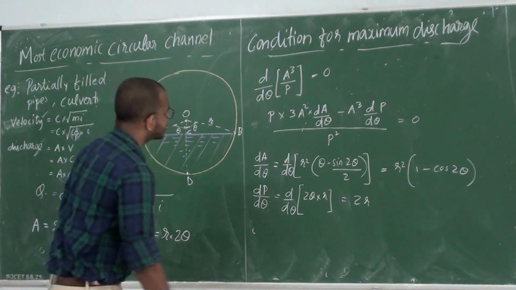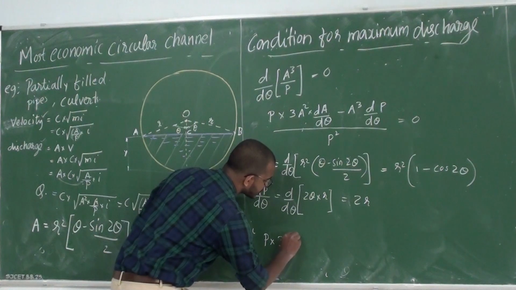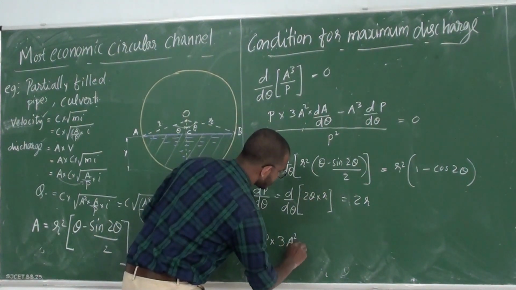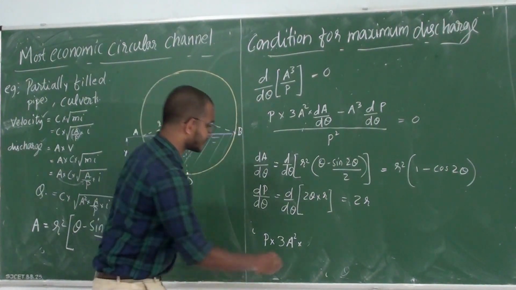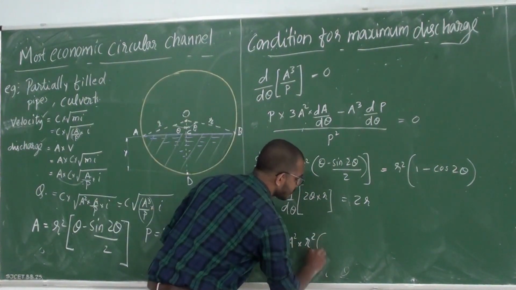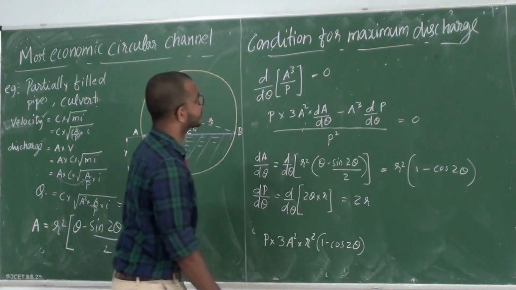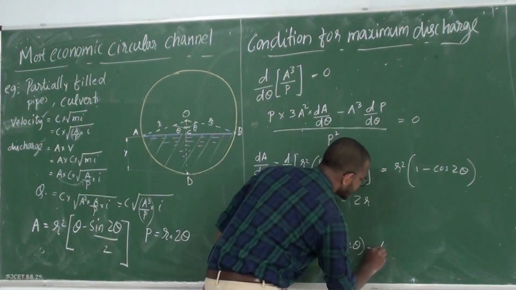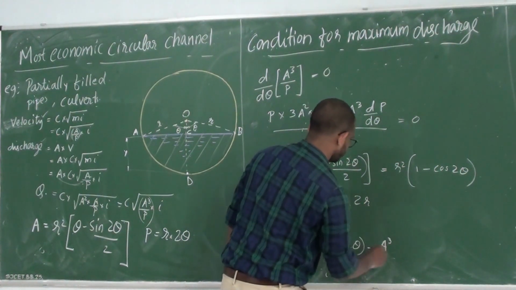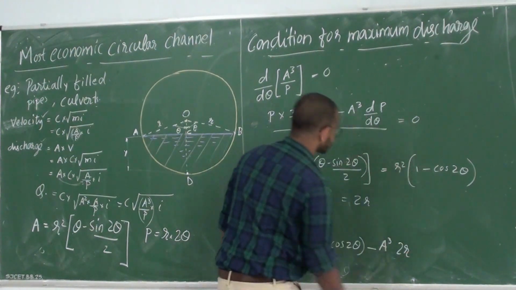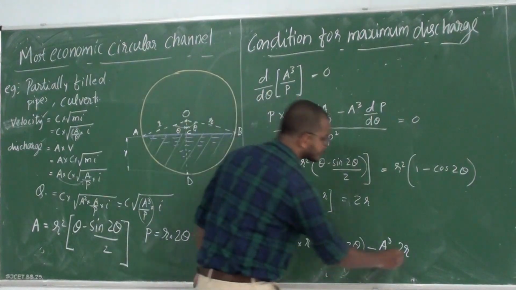So P into 3a square into dA by d theta, which is r square into 1 minus cos 2 theta, minus a cube into dP by d theta, which is 2r, equal to 0.